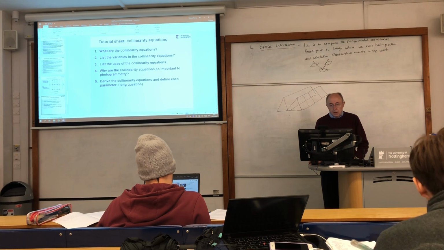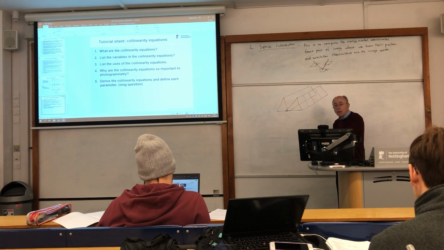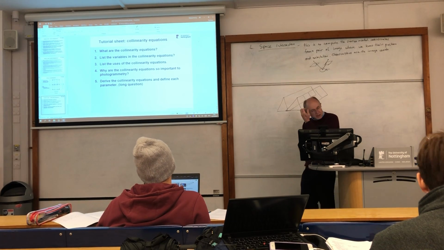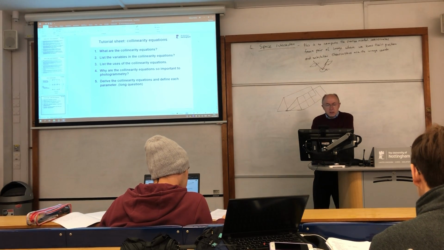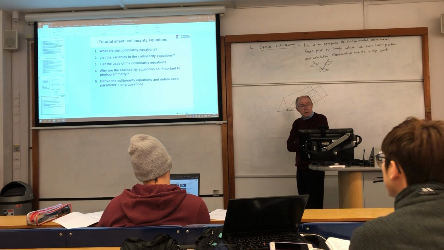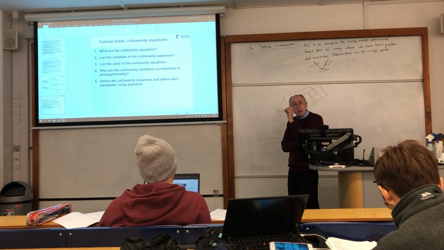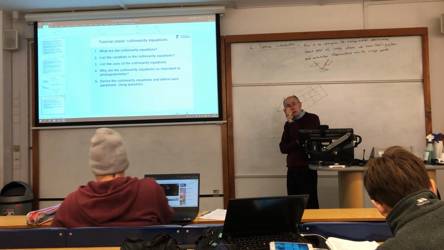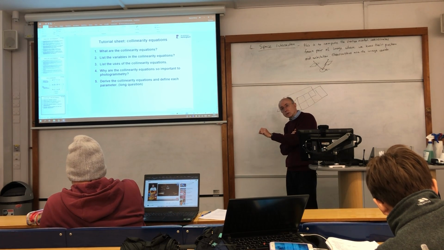So I think we've moved on to this one now. Collinearity equations. What are the collinearity equations? They are the equations that link, this is a short question, that link the perspective centre to the image point to the ground point.